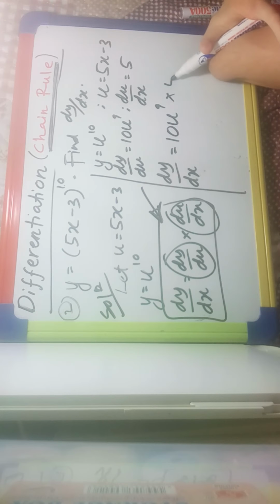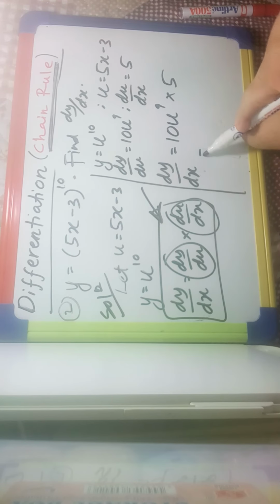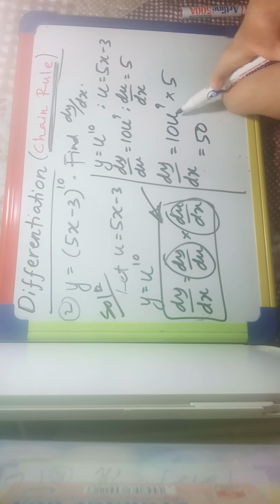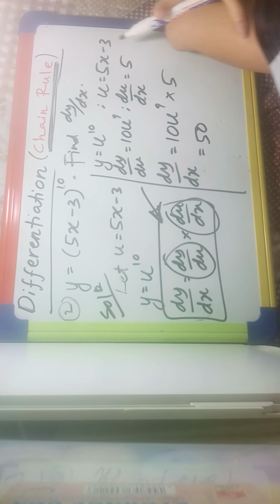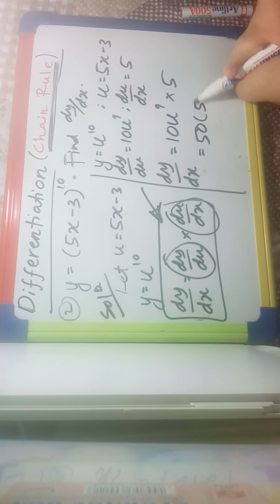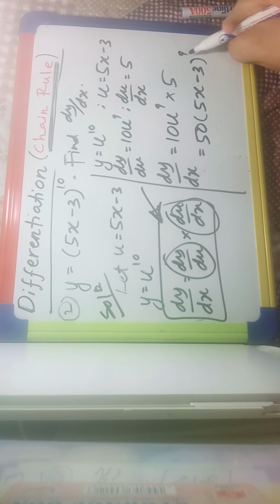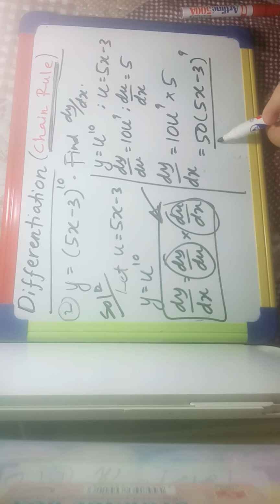Here, 5. So the final answer, 5 times 10, 50. What is our u? 5x minus 3. So 50 times 5x minus 3 to the power of 9. So this is our dy over dx.